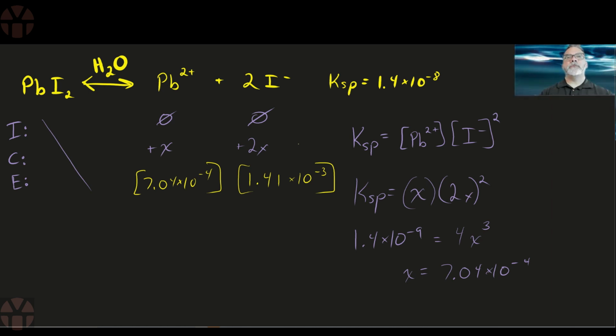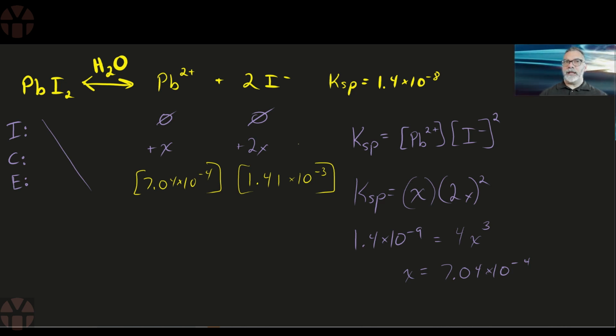So what do these equilibrium concentrations tell us? Well, it tells us that in order to ensure that the substance doesn't precipitate out, in other words, in order to make sure that the lead 2 iodide stays soluble, we have to keep the concentrations of these two ions under the values presented here.